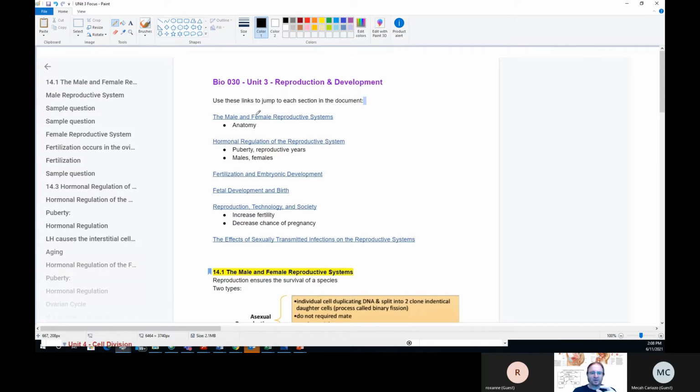A male sperm needs to meet up with the female egg, so it's got half the chromosomes from dad, half the chromosomes from mom, come together and form what's called the zygote, and that's how we all started, as a single cell. Sperm and egg met, half chromosomes from your mom, half from your dad.